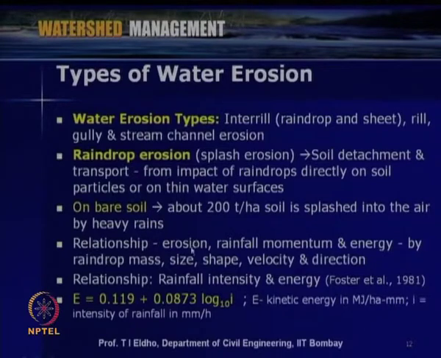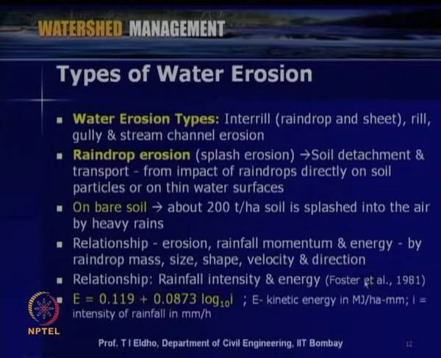So, we can identify relationships for the various erosion problems by considering rainfall momentum and energy, like raindrop mass, size, shape, velocity and direction. We can get some relationships based upon various field studies.